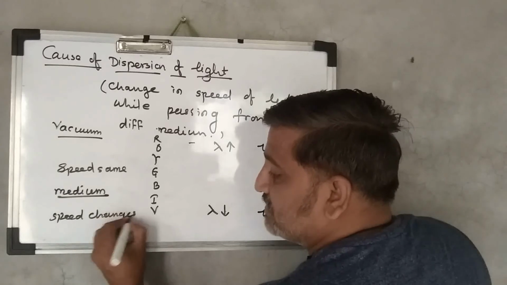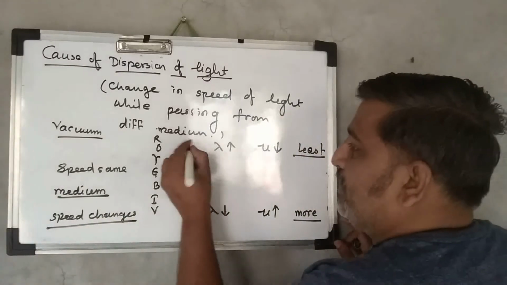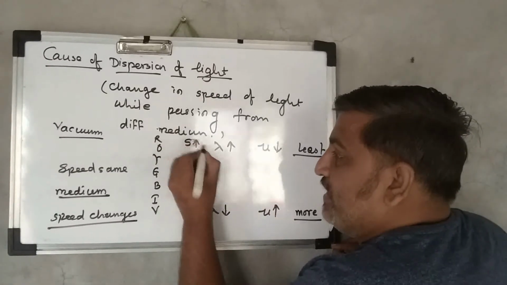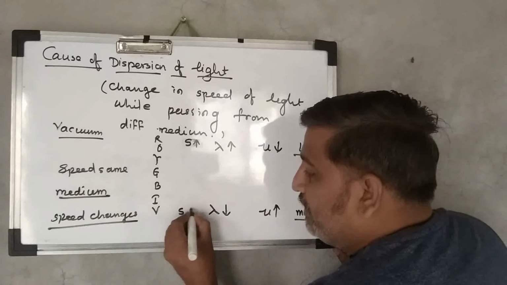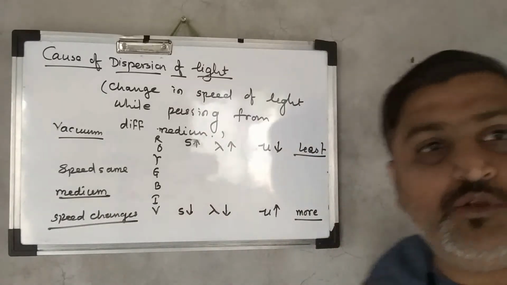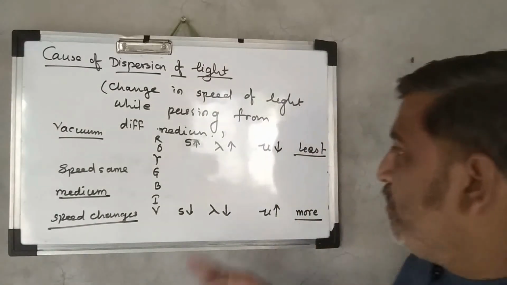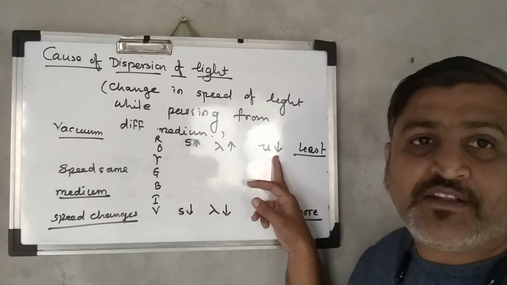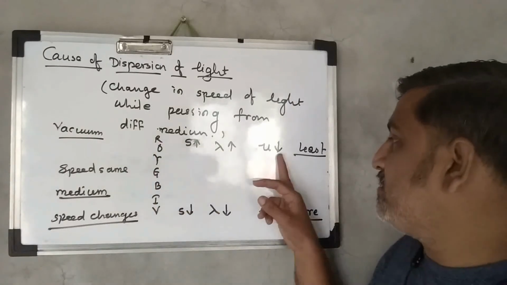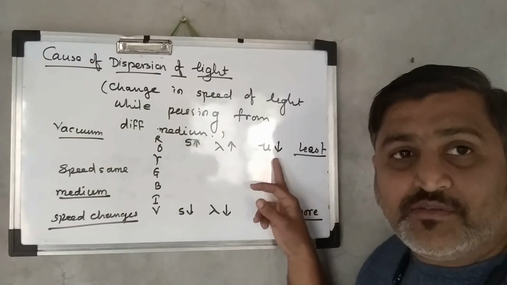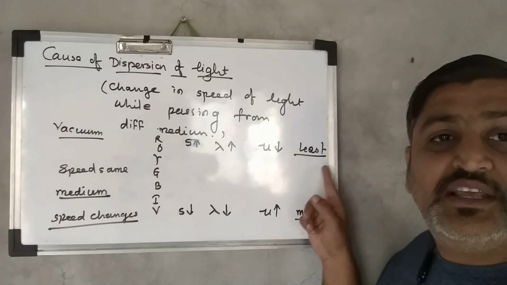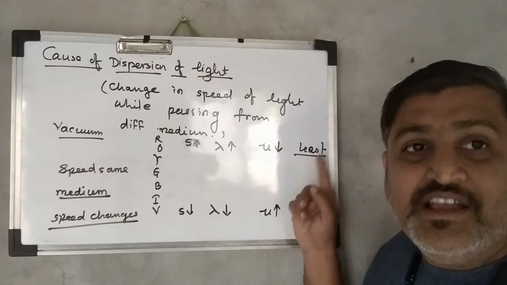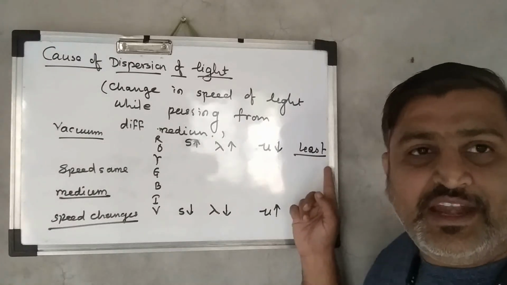Now how does the speed change? See, the speed of the red light is very high, while the speed of the violet color is very low or slow. Because of this, the speed and wavelength are higher, and the refractive index of the red color is less. Because of that, we find the least deviation and least dispersion of the red color.